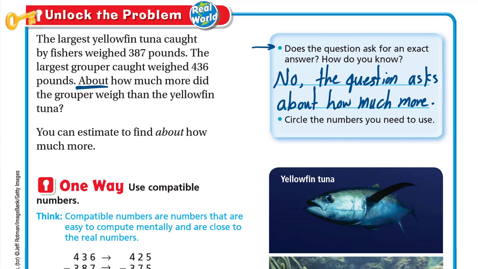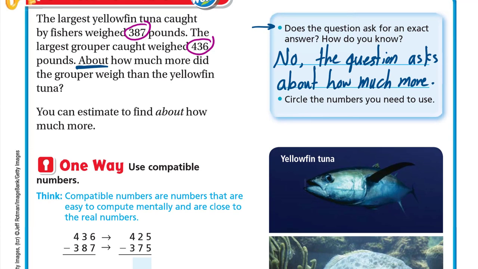So here, circle the numbers you need to use. We will use the 387 and the 436. If we subtract these two numbers, we will know how much more the grouper weighed than the yellowfin tuna. And as it said about how much, we're going to estimate.